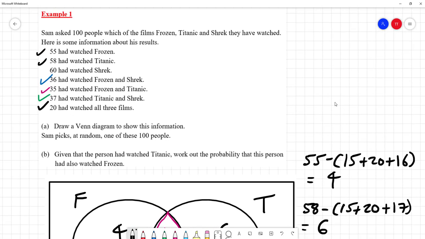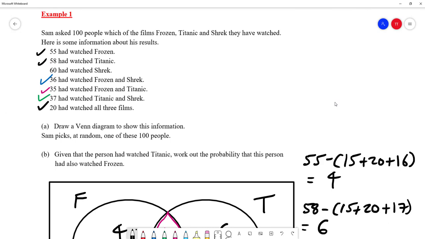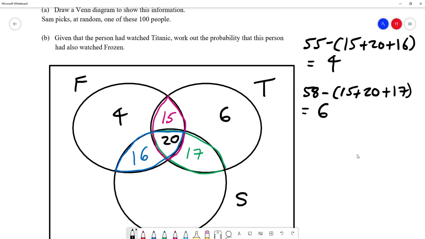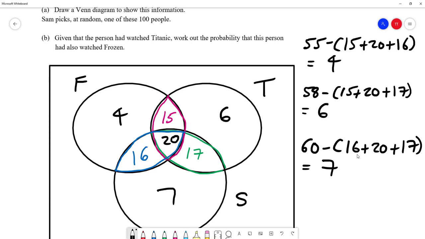And the last one is Shrek, which is 60. We do the same thing: 60 minus 16 plus 20 plus 17, and that will give me 7. So I get 7 there. If I add them all together, I'll get 60.